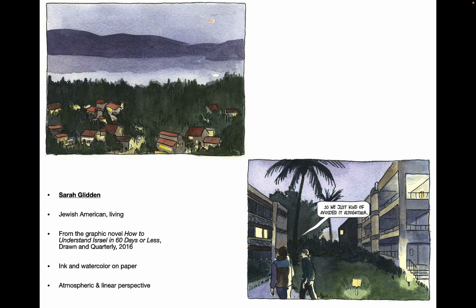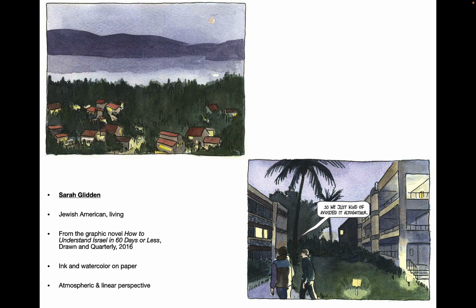So in the top drawing, we can see the mountains and the body of water in the distance are very lightly drawn, not detailed. We don't have the pen outlines, the black outlines like we have in the houses in the foreground. So the houses in the foreground are more detailed. We're seeing windows, we're seeing trees, we're also seeing lines going back into perspective.